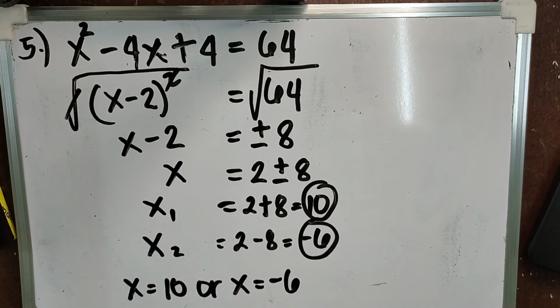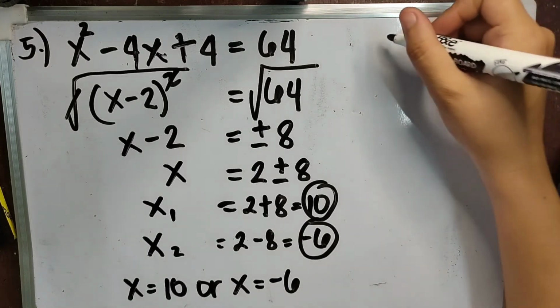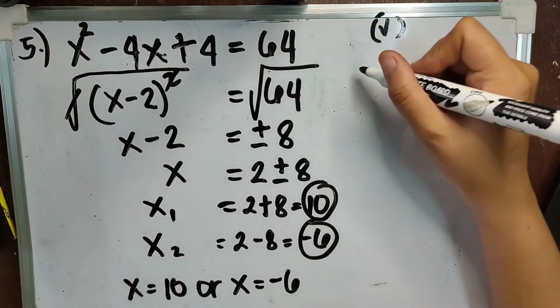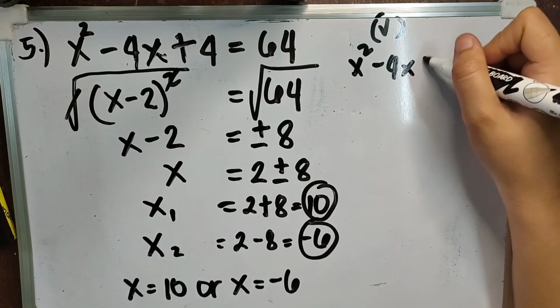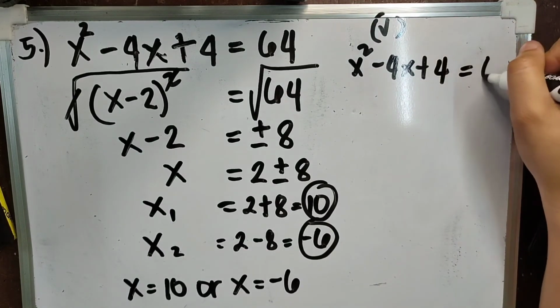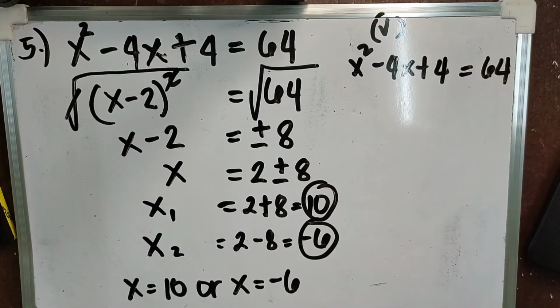Okay, to check if our solution sets are correct, go back to our original equation. Checking, we have x squared minus 4x plus 4 equals 64. Substitute 10 for the variable x.